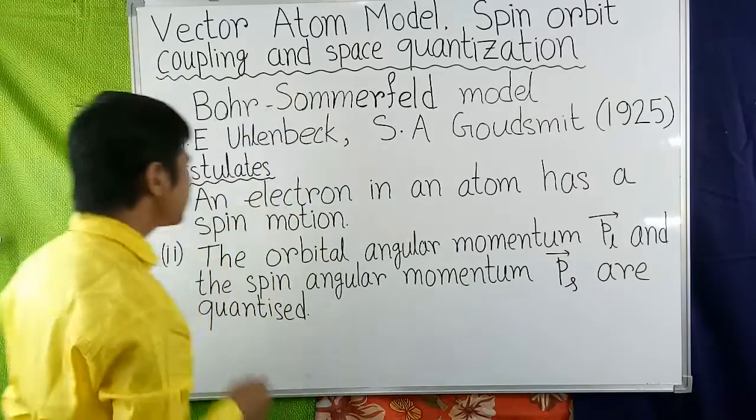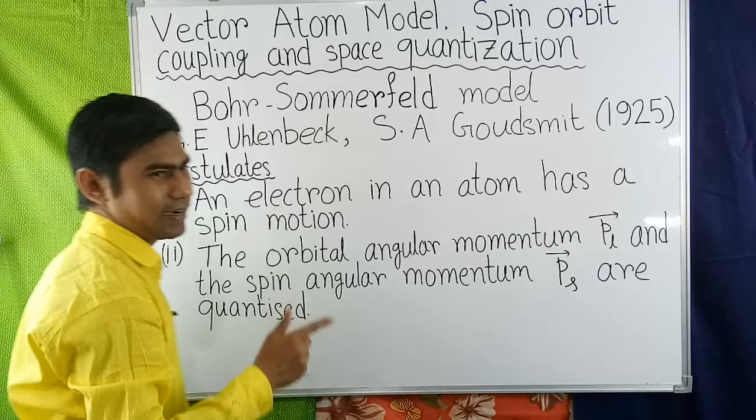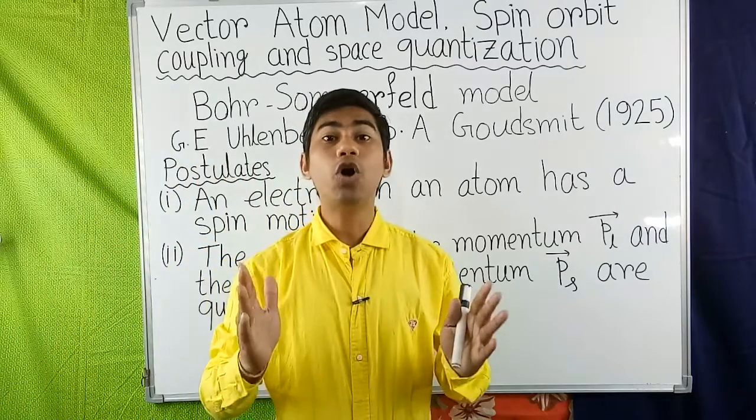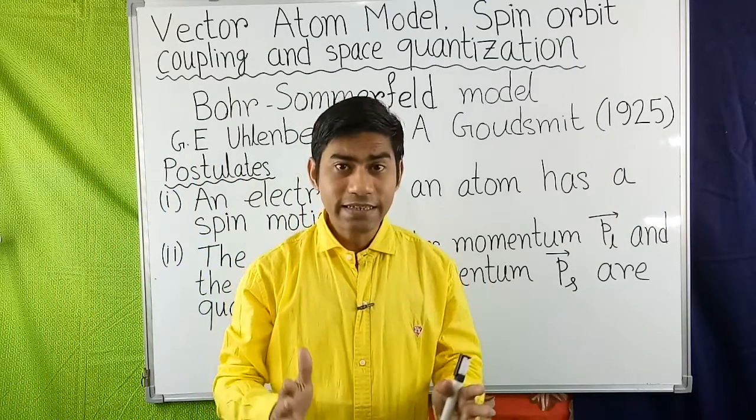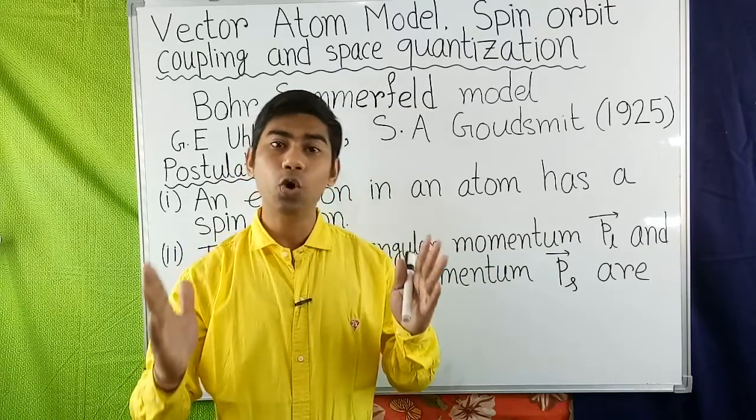The first idea is that an electron in an atom has a spin motion in addition to its orbital motion, that is, in the classical concept, rotation about its own axis.